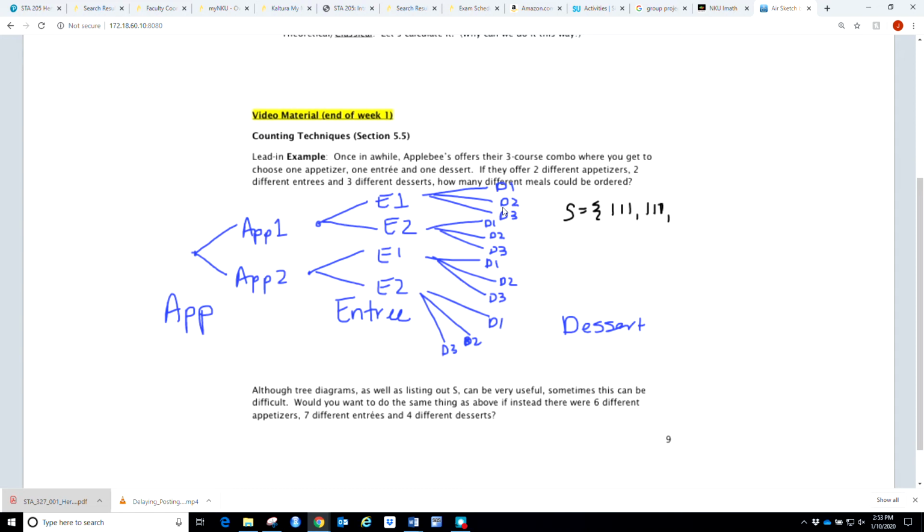I could have chosen appetizer 1, entree 1, dessert 3. So I could just go through and list out all of these possibilities. And so what I would find when I do that is how many options were there? Well, there are going to be 12 possible meals.